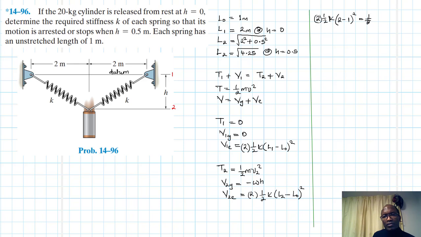Then equals half the mass, which is 20, times V2 squared. Let me mention in advance that this part is equal to 0, because motion is arrested at h equal to 0.5.